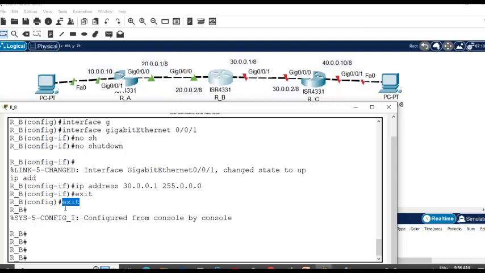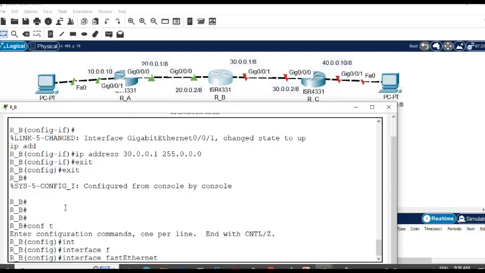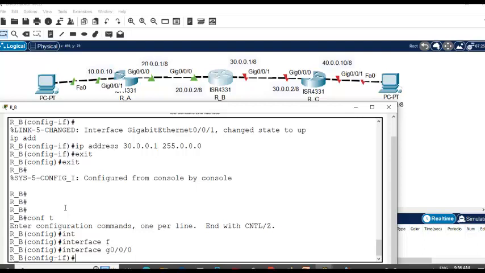First exit took you back to the config mode, the other exit took you back to the privilege mode. So you can type end, or exit two times, or press Ctrl Z, which I did in the previous router. Now I'm going to type end and show you. End takes you to the privilege mode. Any one you can use.